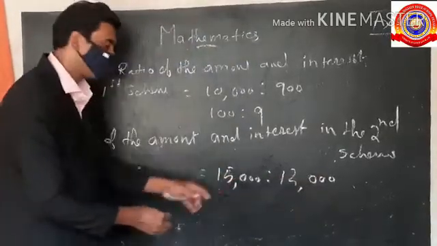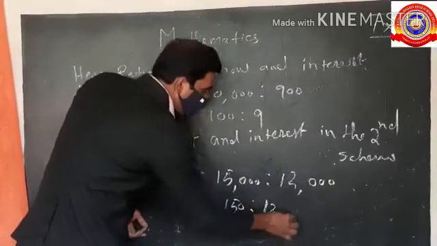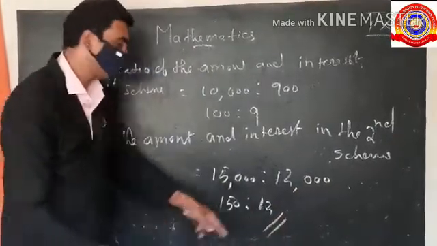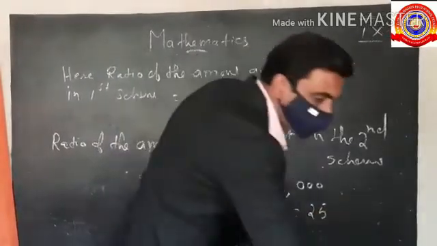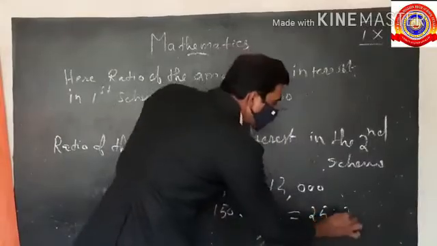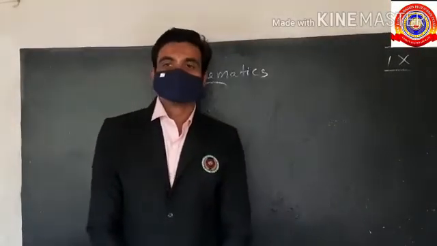When we reduced it, we got 150 is to 12. If we reduced it again, we got 25 is to 2. Right.